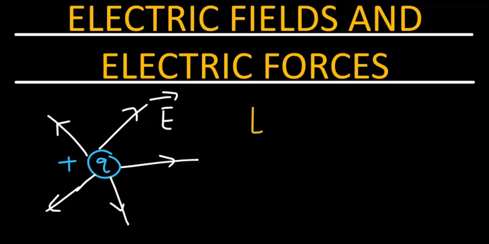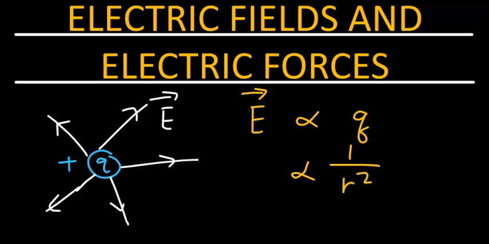The next thing is, how do we quantify electric fields? In the case of electric fields produced by a point charge, it is proportional to the strength of that charge that is producing the fields. It is also proportional to the inverse square of the distance from the point charge.